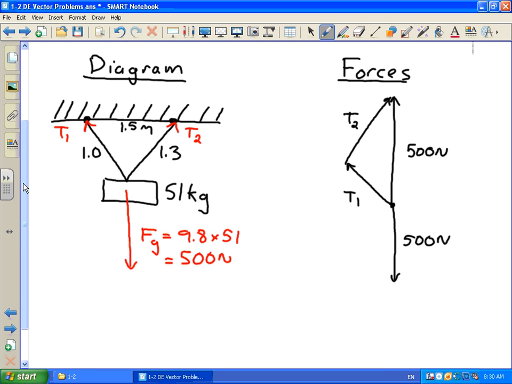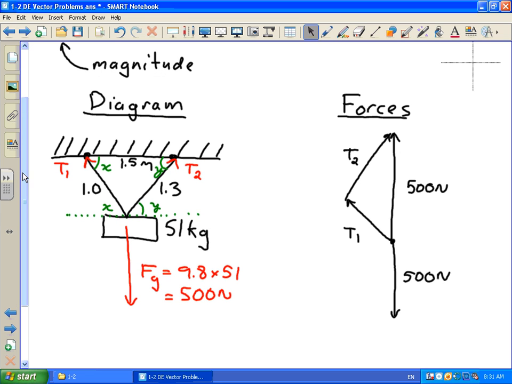I'm going to label this angle in here X, and this angle in here as Y. And of course, if we draw a horizontal like this, from the little Z pattern, this is going to be Y, and this is going to be Y as well. Now, how do those correspond to angles on our force diagram? Well, let's pull in one of these little coordinate axes here, like that.